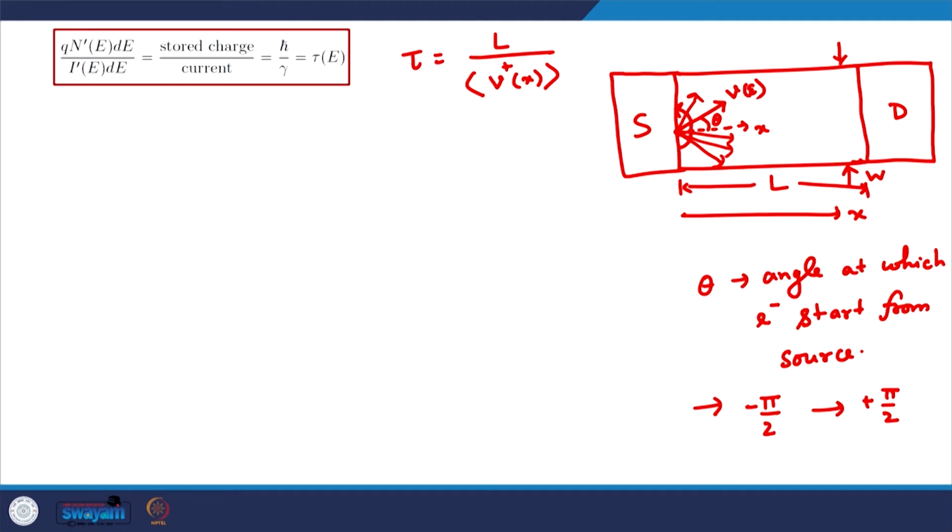So, if v e is the velocity of electron in a direction which is at angle theta from the x direction, then the velocity in x direction will be v e cos theta. Okay. But what is this velocity v e here? What is the velocity with which electrons start from the source side?